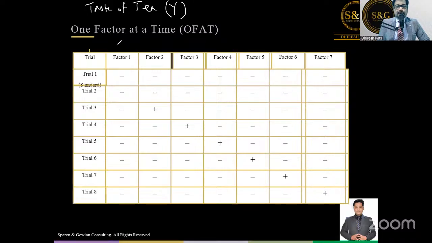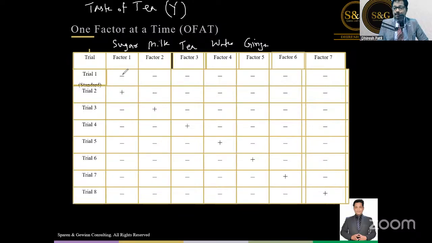For example, sugar, milk, tea powder, water, then ginger, and whatever factors are there. Okay. Now, there are two levels you can see. One is a minus sign and one has a plus sign.